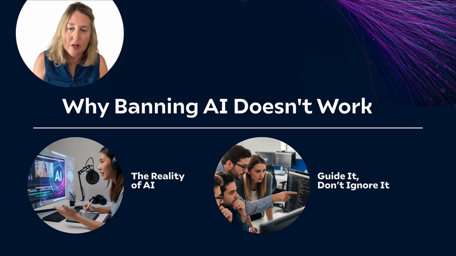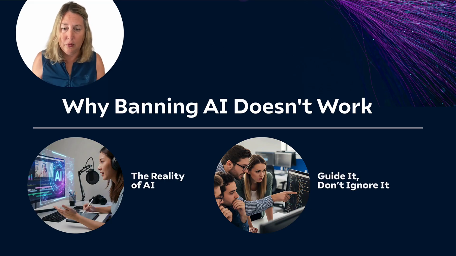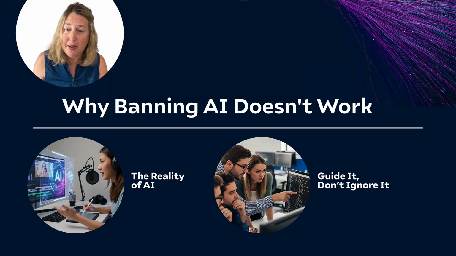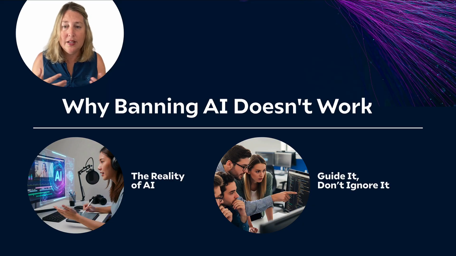And I think we also have to address another elephant in the room, which is why we can't just outright ban AI, because trying to ban AI completely usually fails. We've already noticed that with the feedback that we saw earlier, right? Students are already encountering these tools outside of class and currently using them for our assignments.